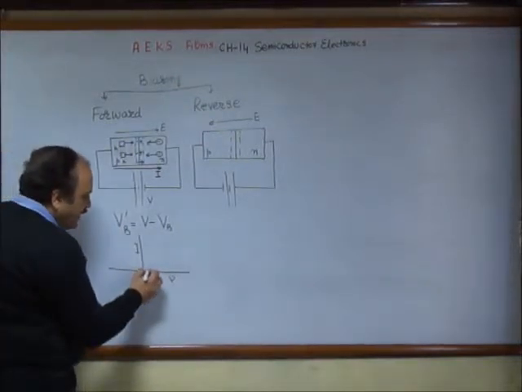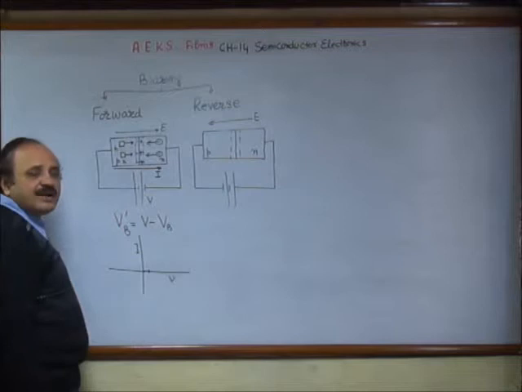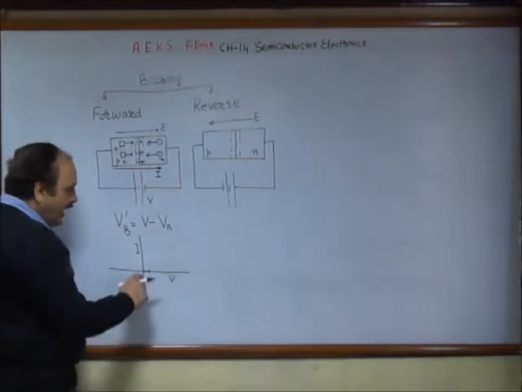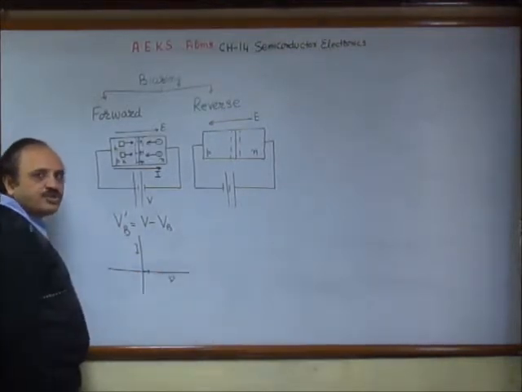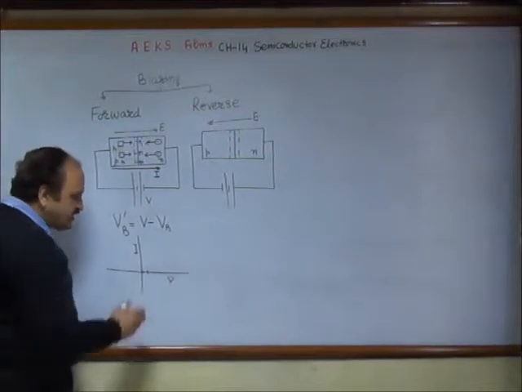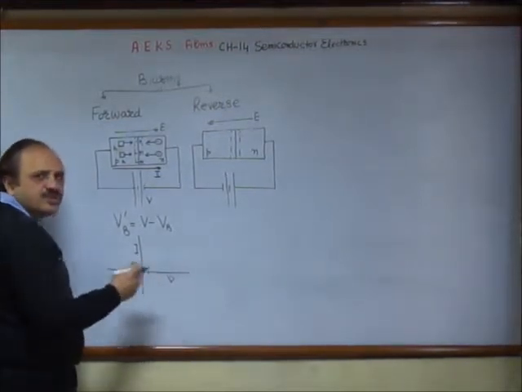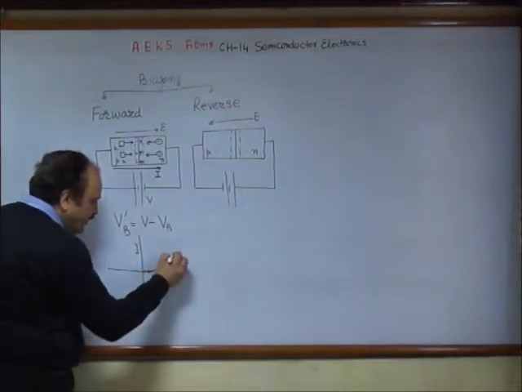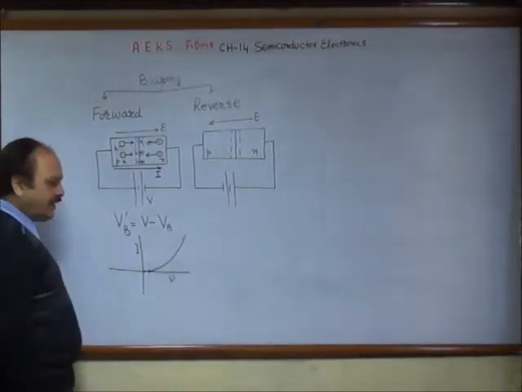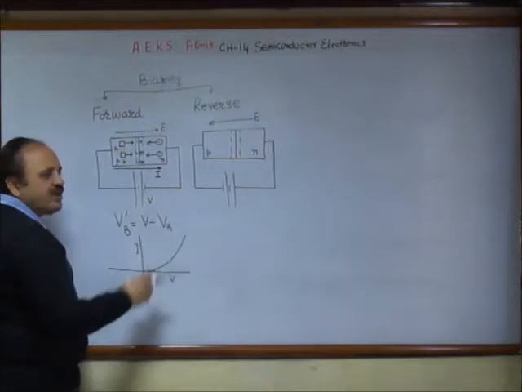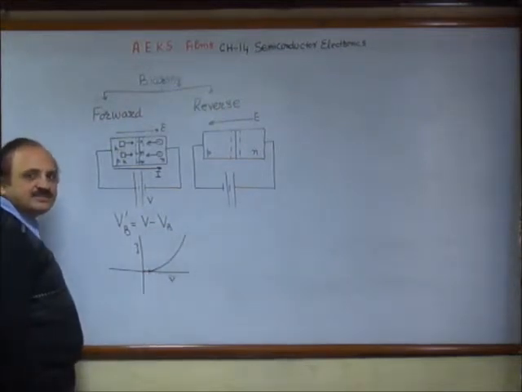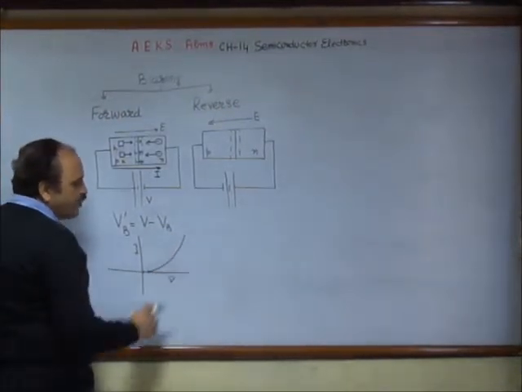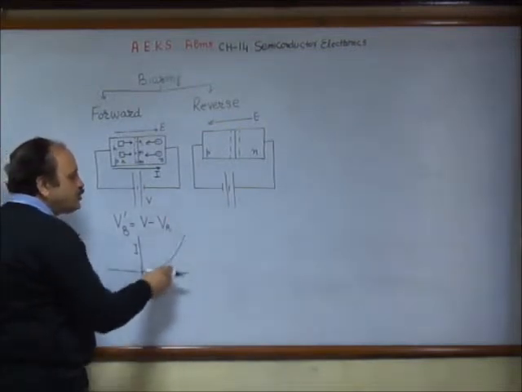First, the current does not start as we start increasing the voltage. It starts when the voltage becomes sufficiently high, and then onwards we have the current going in an exponential manner like this. However, at large voltages it becomes almost straight.